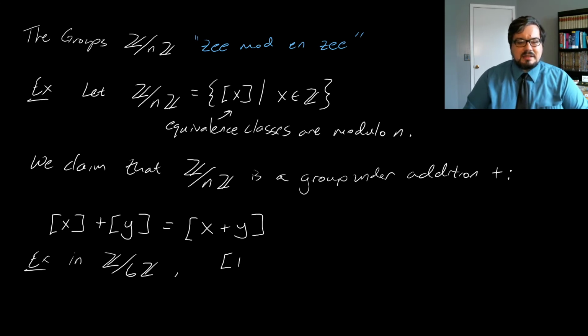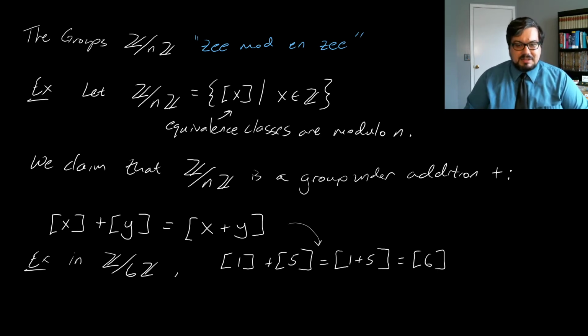And in this group, if I take the elements, the equivalence class of 1 and the equivalence class of 5, and add them together by this definition above, I would get the equivalence class of 1 plus 5, which is the equivalence class of 6. However, I could also look at what happens if I take the equivalence class of 7 and the equivalence class of, let's say, 17.